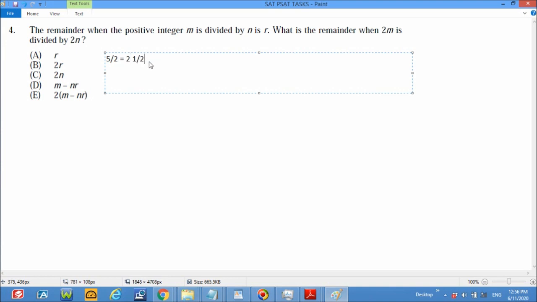In this case the remainder is 1. If I want to divide 7 by the same 2, the result is 3 and a half. And in case we want to divide 10 by 6, it will be 1 and 4 divided by 6.